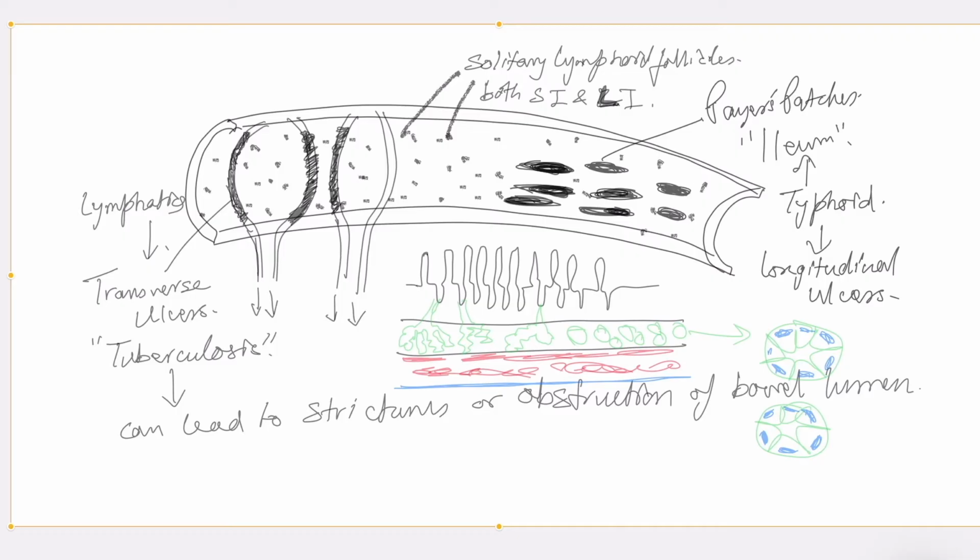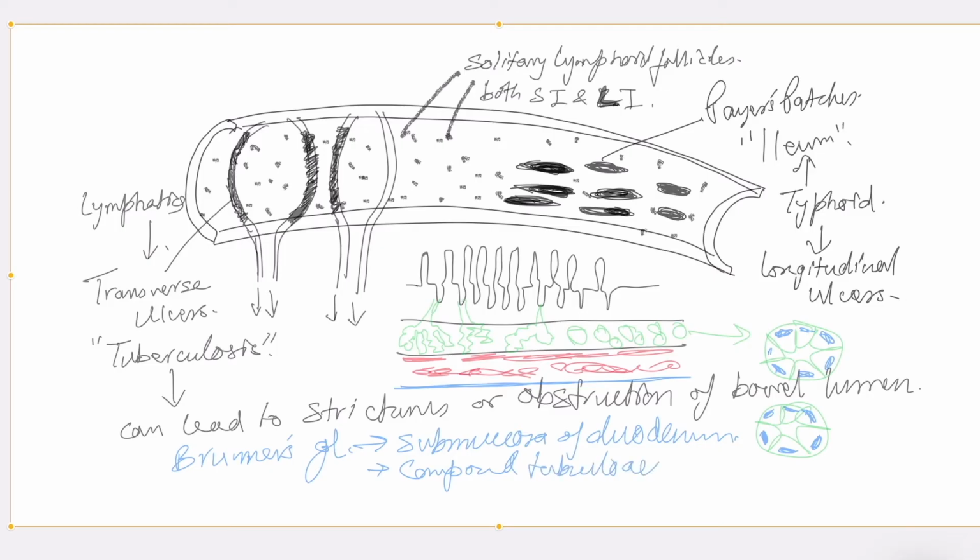They secrete mucin. Mucin is a neutral substance, so it doesn't take good stain. So remember this point, that Brunner's glands are seen in the submucosa of the duodenum, and these are compound tubuloacinar glands, and they do not take good stain. So they're pale colored. And one more thing is, these are mucus glands.